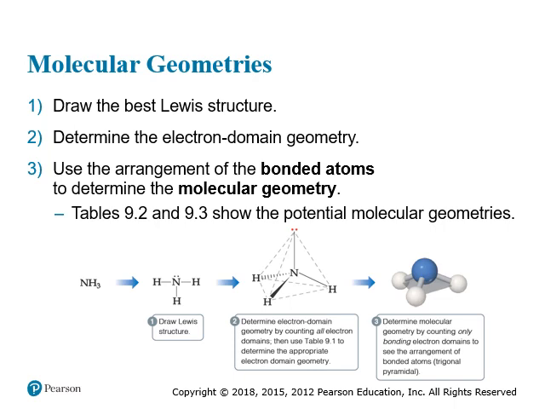So if we have lone pairs, the electron group geometry is going to be different than the molecular geometry, because lone pairs are not connected to another atom.